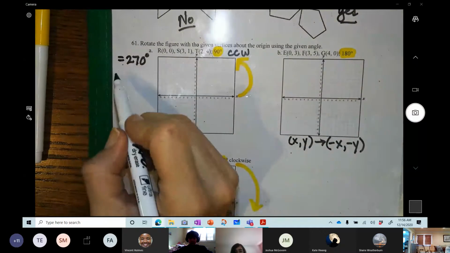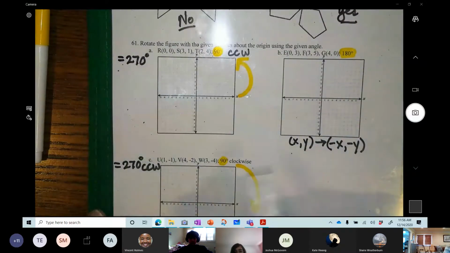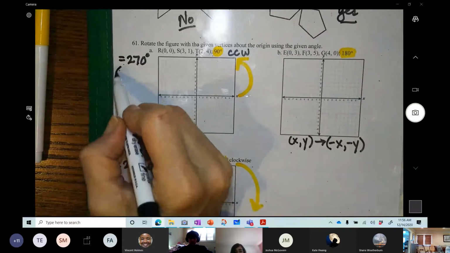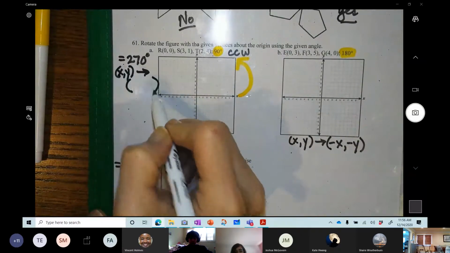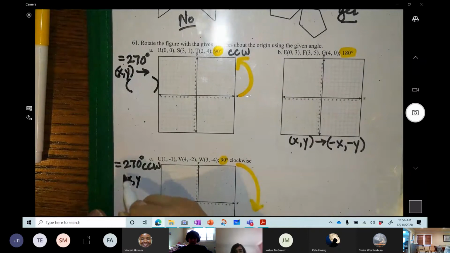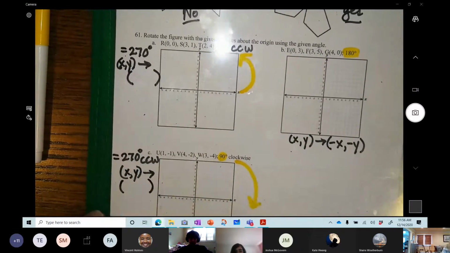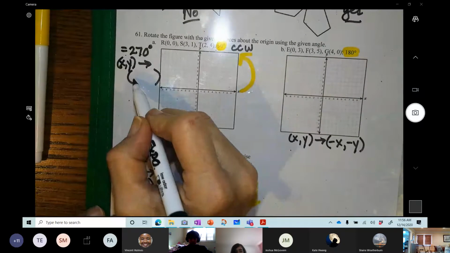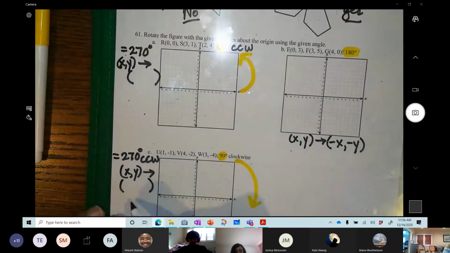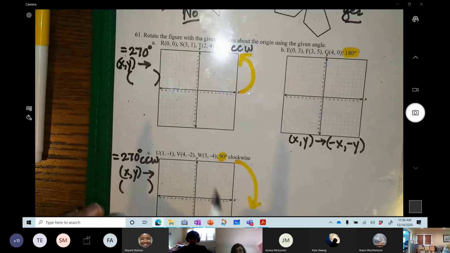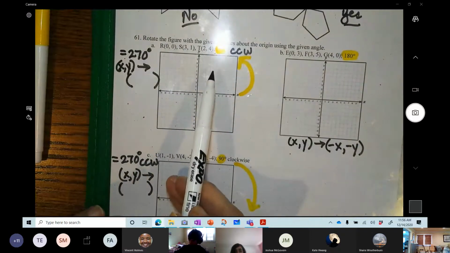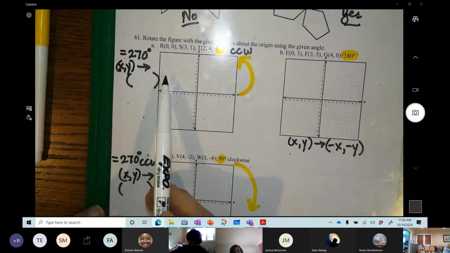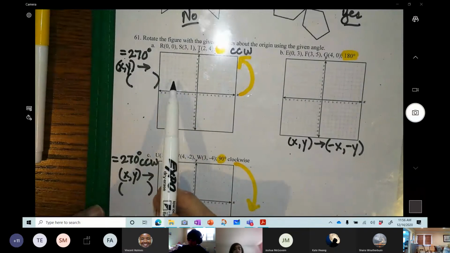So what we're going to do for both, we already got that rule, but for both of these, the rule is like this. You're going to swap your x and your y. Okay, so your y goes here and your x goes here. Your y goes here and your x goes here. The way I remember the rule is if I was here to start with, and then I ended up here, which coordinate is negative?